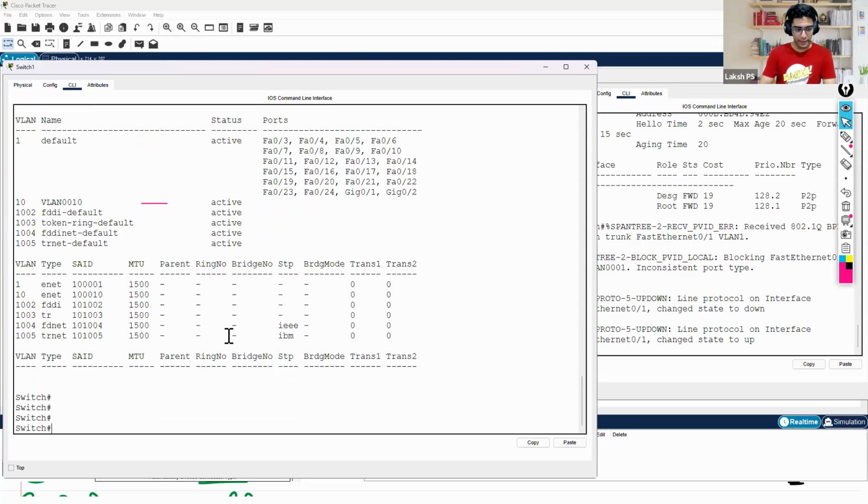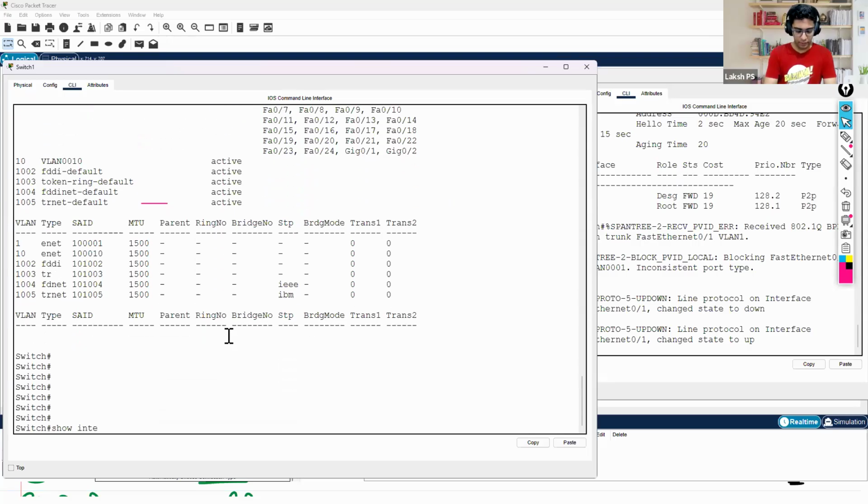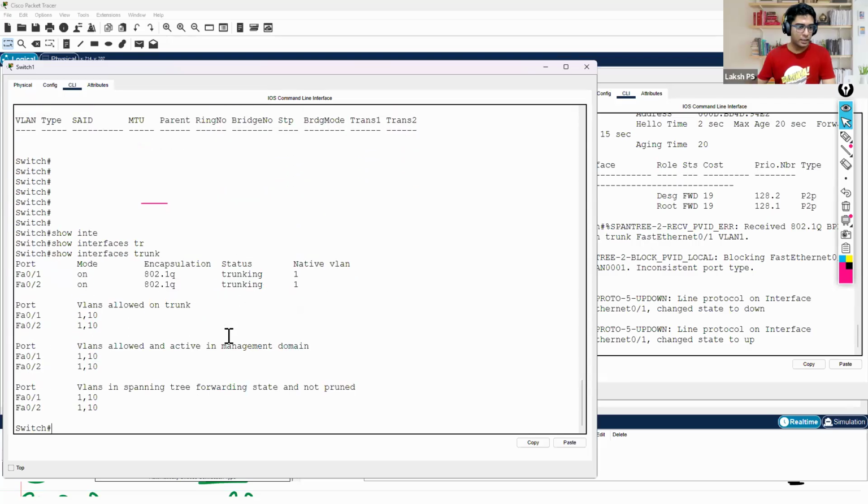Now to see the trunk interfaces, show interfaces trunk. We can see on fast Ethernet 0/1 and 0/2 of switch number 1, VLAN 1 and VLAN 10 are allowed. Those two interfaces are in the forwarding state for spanning tree also, forwarding data for VLAN number 1 and VLAN number 10, both.